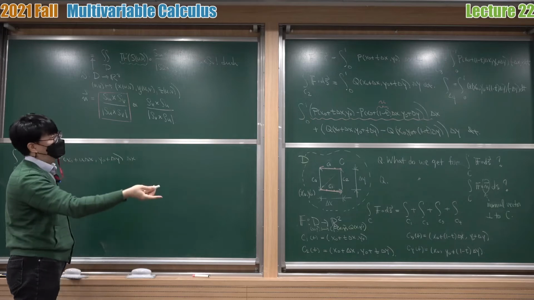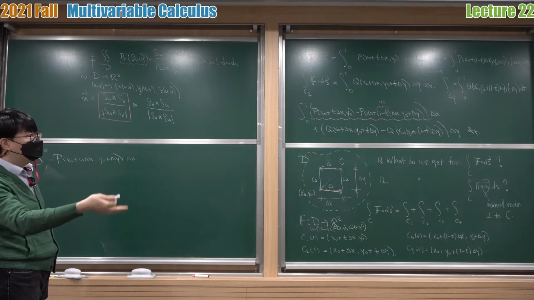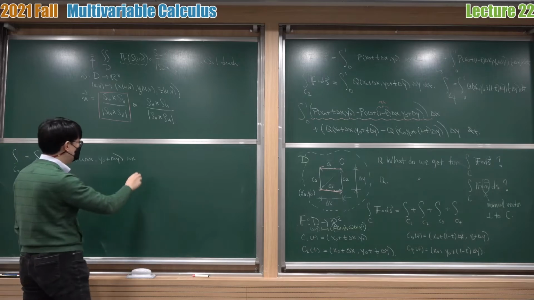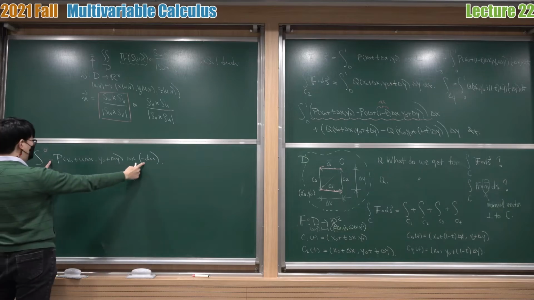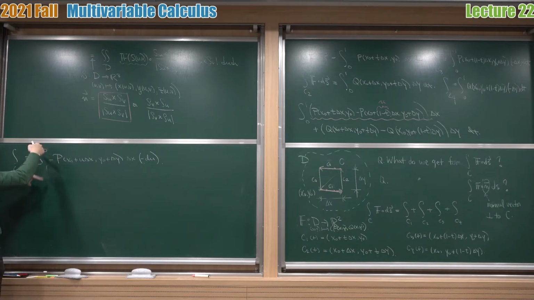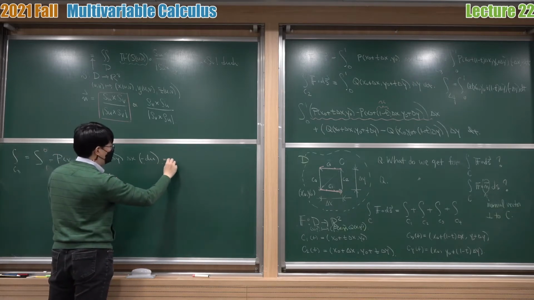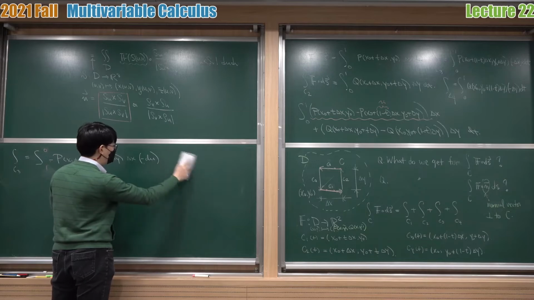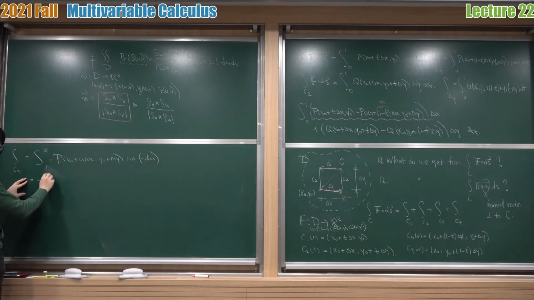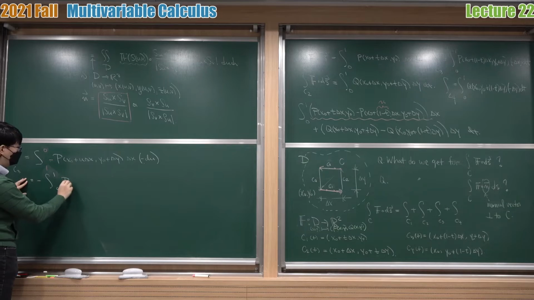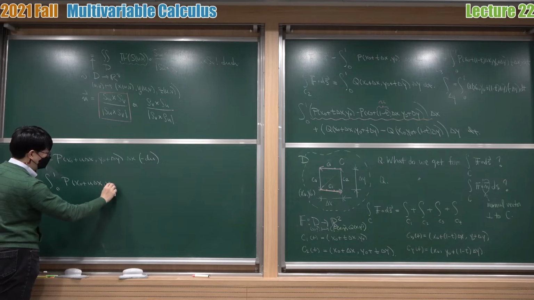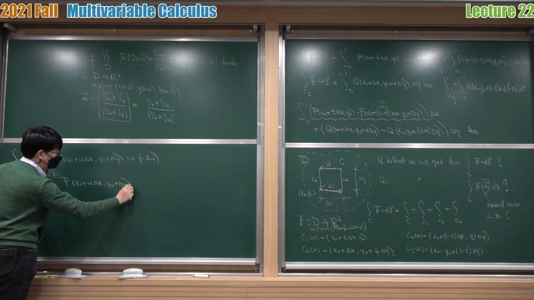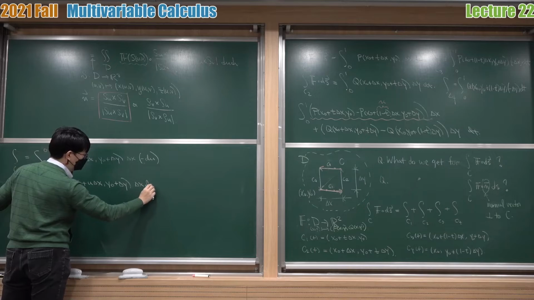At the end we had the dt, but dt is equal to minus du. So we have two minuses, and I want to interchange these limits, so I have another minus. So basically I have minus the integral from 0 to 1 of p at x0 plus u delta x, y0 plus delta y, delta x du.